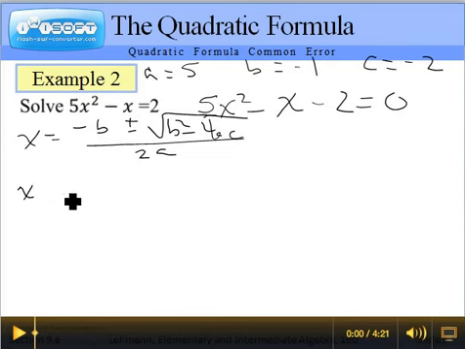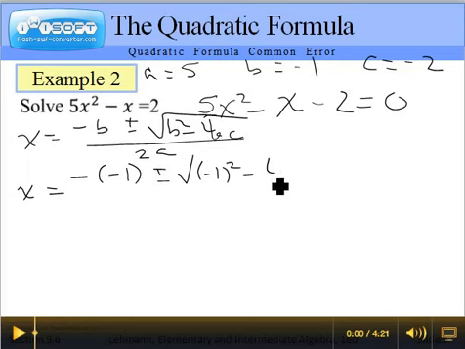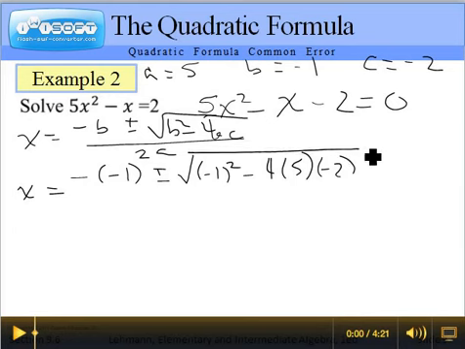So x is equal to -1 plus or minus the square root of -1 squared minus 4 times 5 times -2 all over 2 times 5.